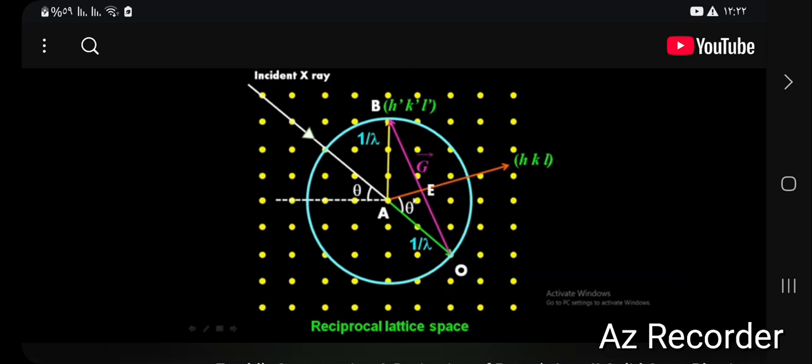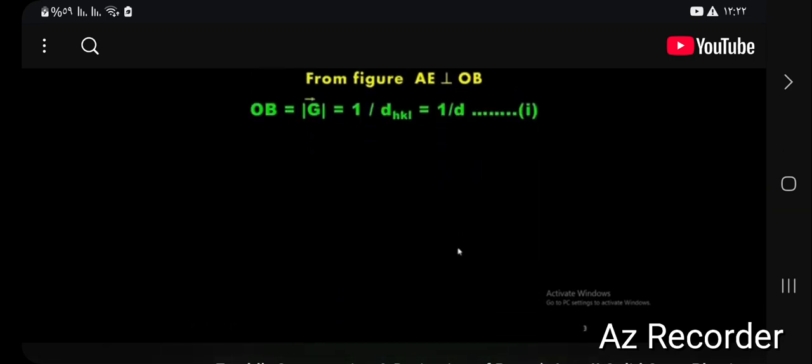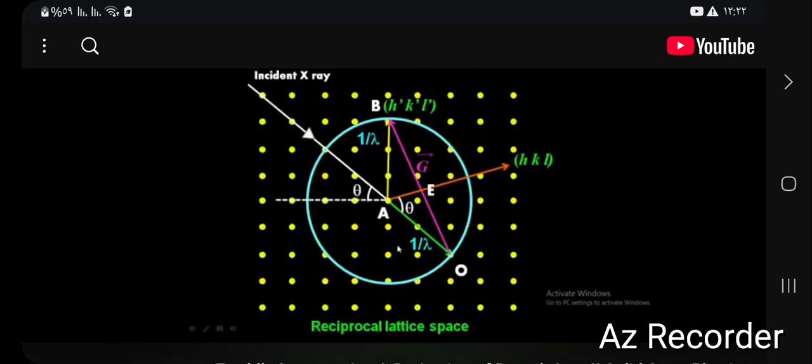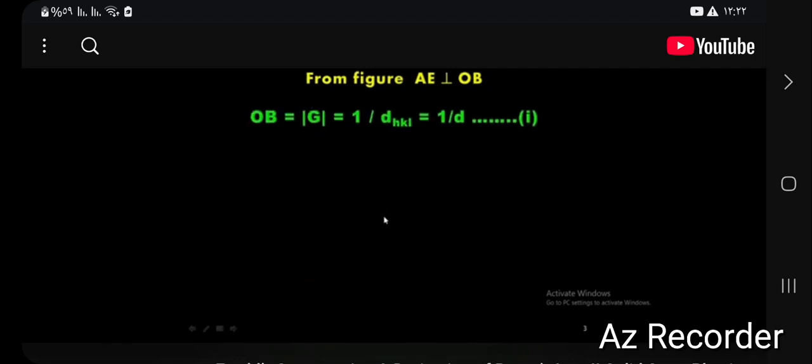Sine theta means opposite upon hypotenuse. In triangle AEO from the figure, sine theta is OE upon AO, and the length of AO is 1 by lambda.